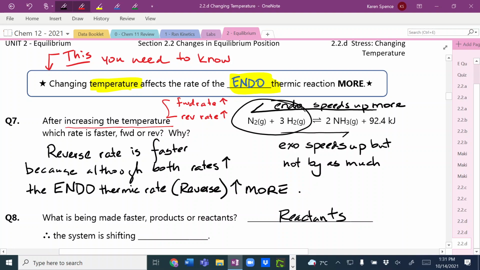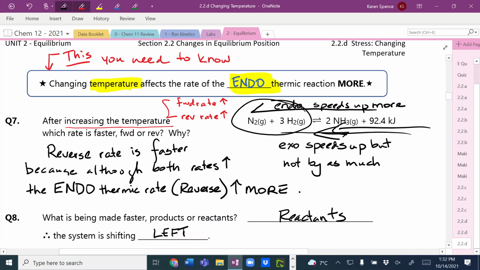And therefore the system is shifting to the, hold on, if we're making reactants faster, that means we're going this way. So that's to the left. Is shifting away from what?